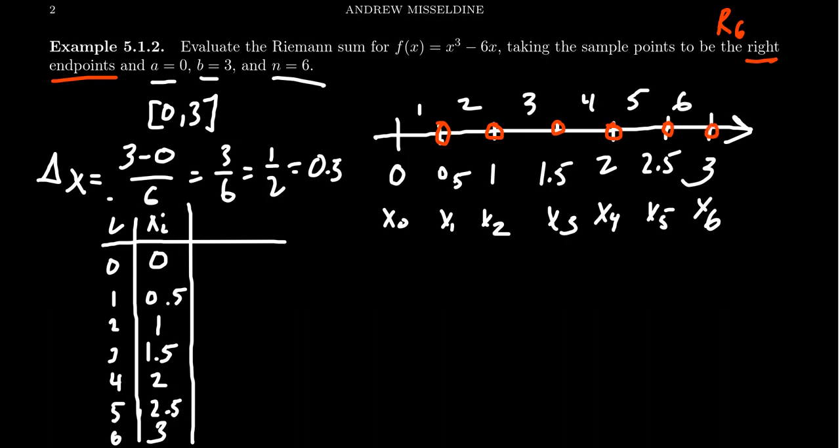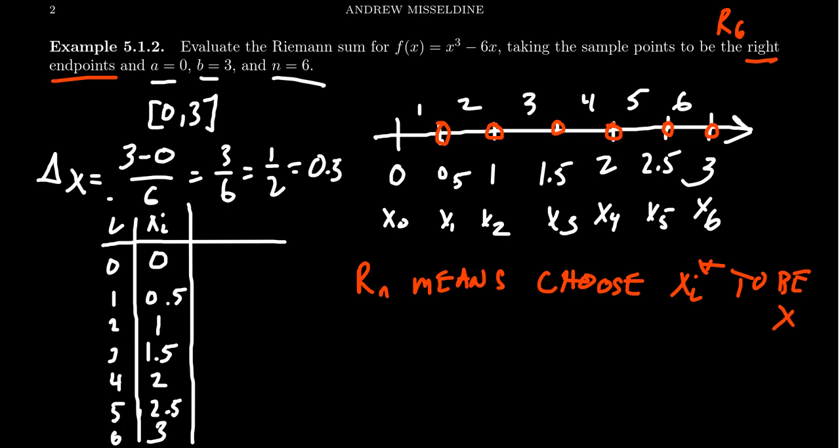So when it comes to the right endpoint sampling technique, Rn here means you're going to choose your delegate xi star to be the number xi itself, the right endpoint for each of these intervals.